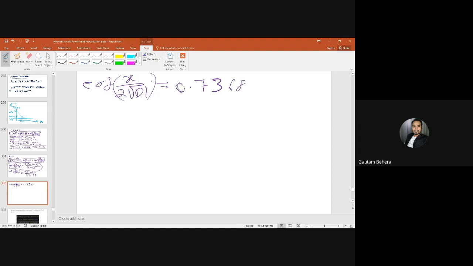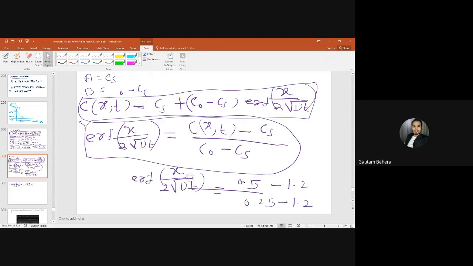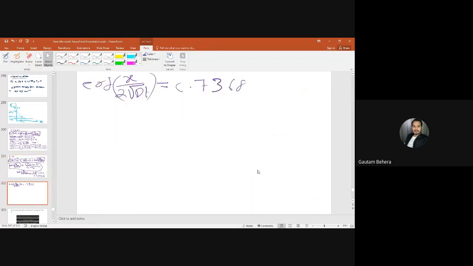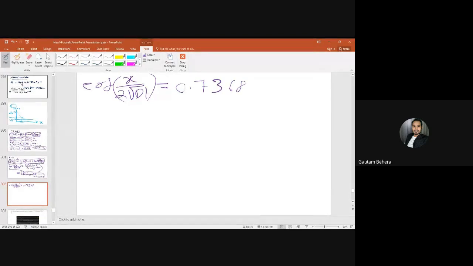So if you solve this one, we'll get this value, 0.7368, right? And we can get D from the given data of the activation energy and frequency factor. Already the frequency factor D naught is given. We have to find out the D. You can easily find that soon.